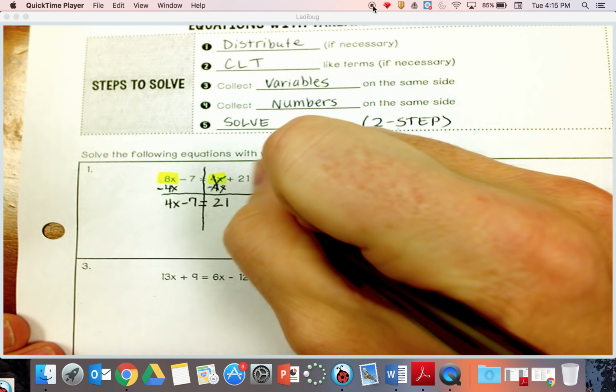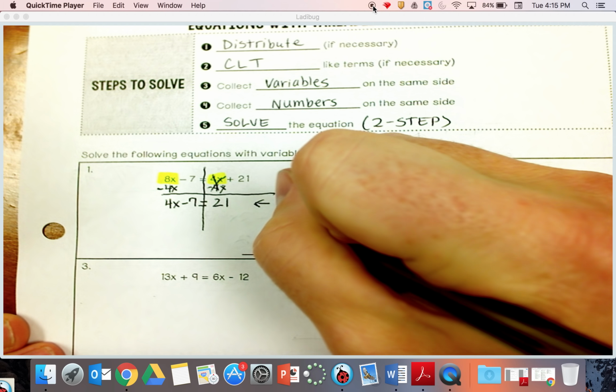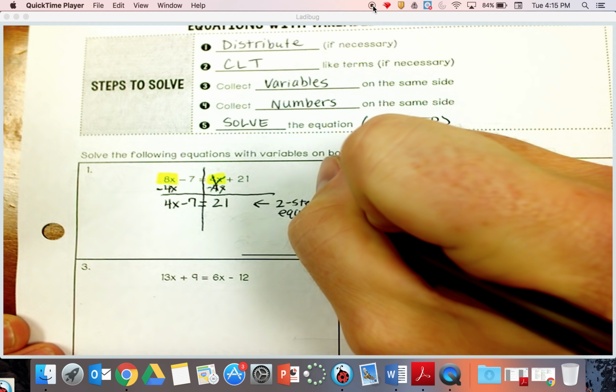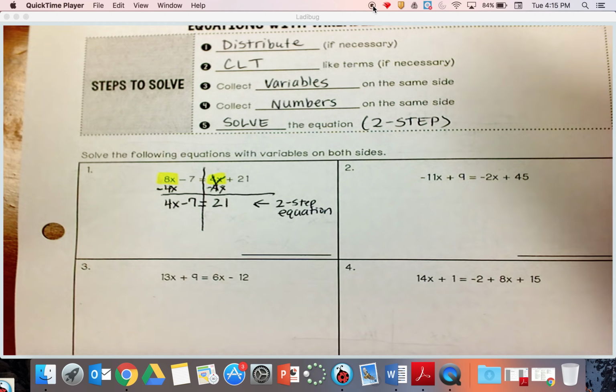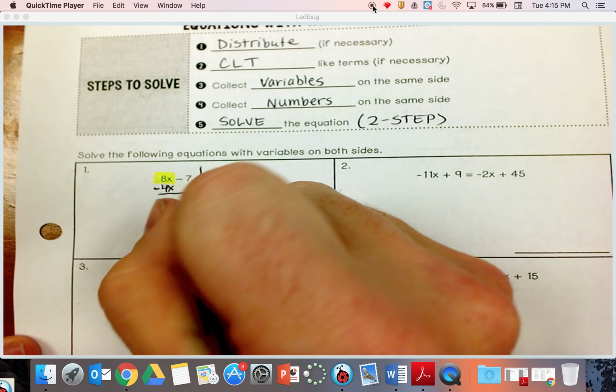That is a two-step equation. And now I can solve this by moving over my start and moving my change. So here's my starting value, which will be a plus 7.